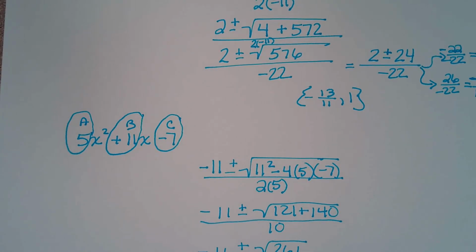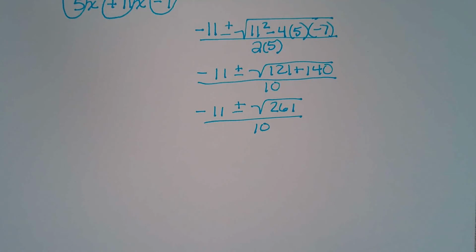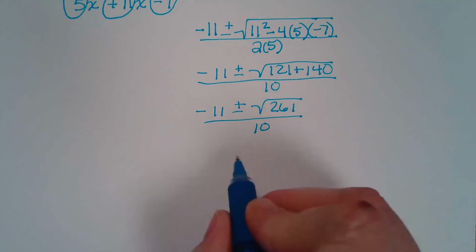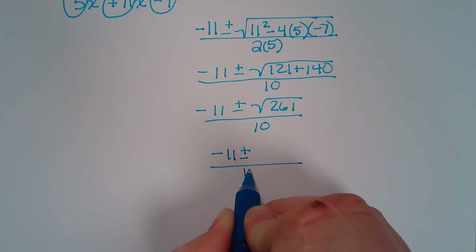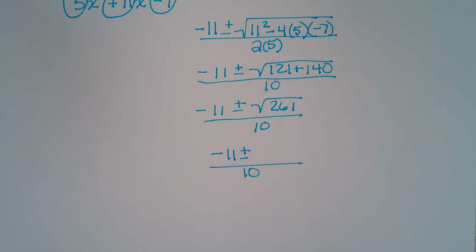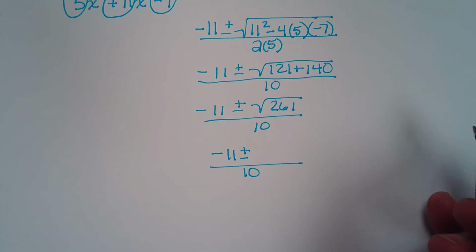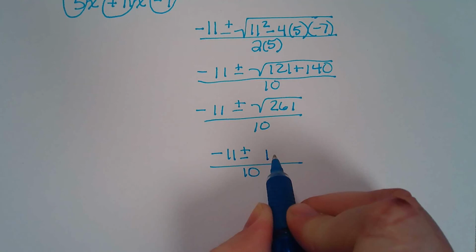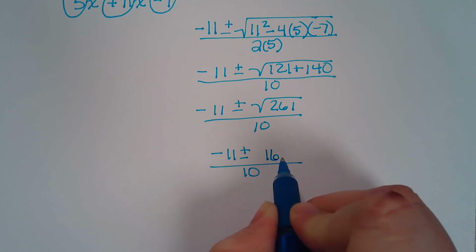All right, so let's take and finish this out. So what is the square root of 261? So someone do the square root of 261, please. Okay, 16 point, let's round that last one up. 16.16.